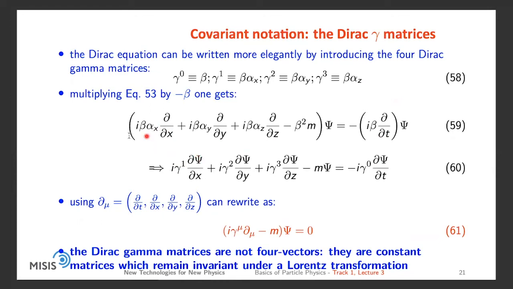Then we replace here the products of beta and alpha with gamma matrices. And using again the notation of d mu, we can rewrite it in the following way. Now, you should remember that Dirac gamma matrices are not four-vectors. They are just constant matrices which remain invariant under a Lorentz transformation.